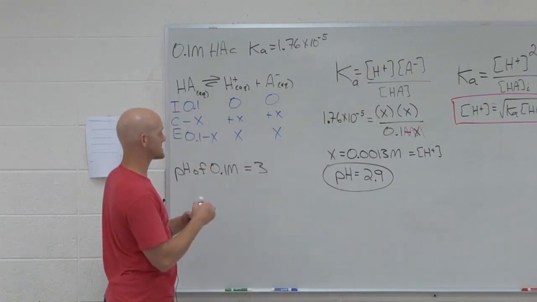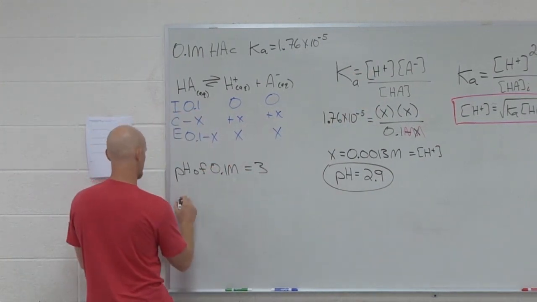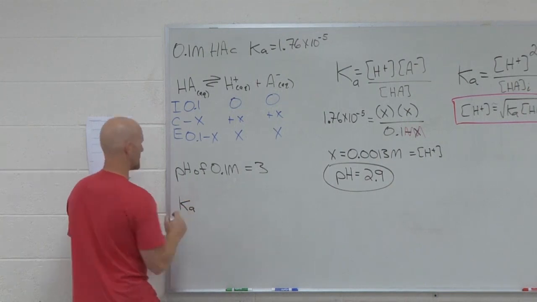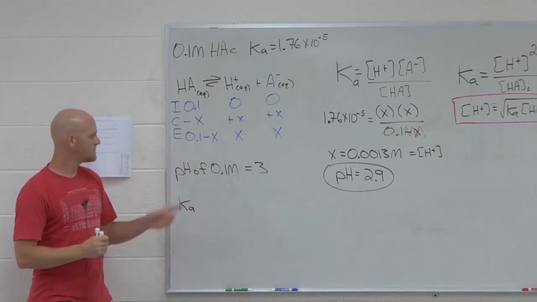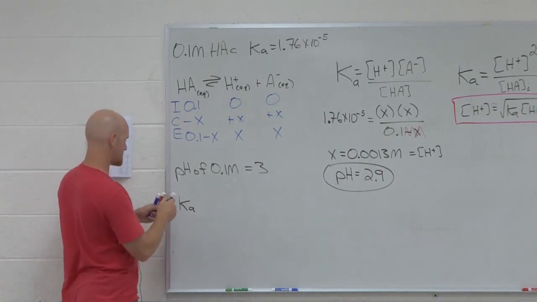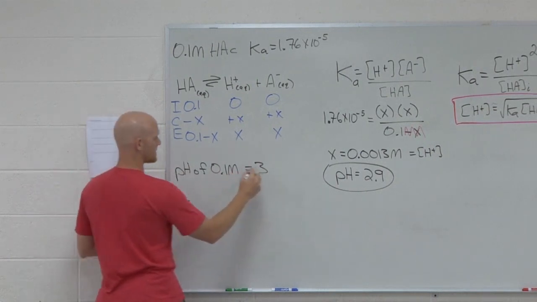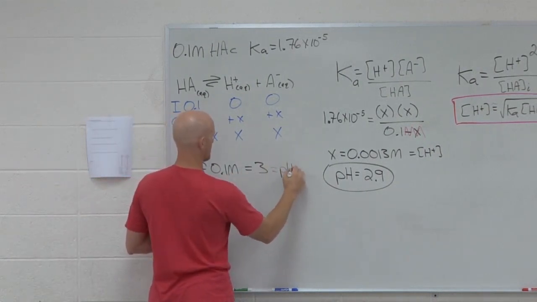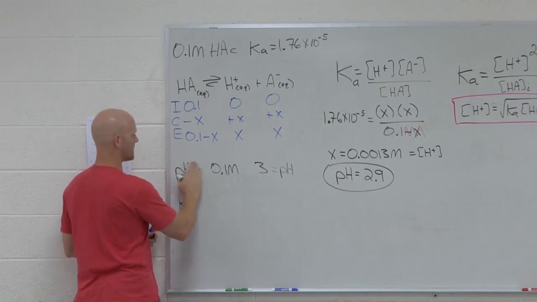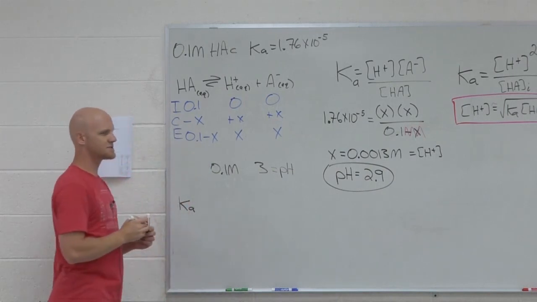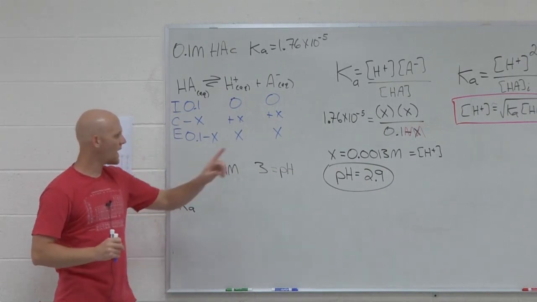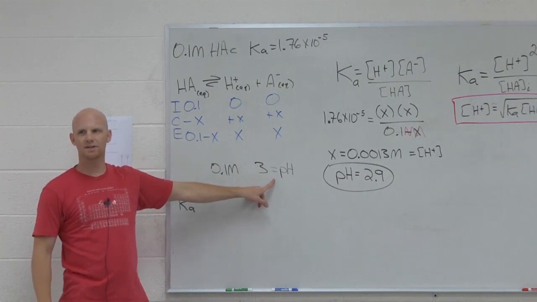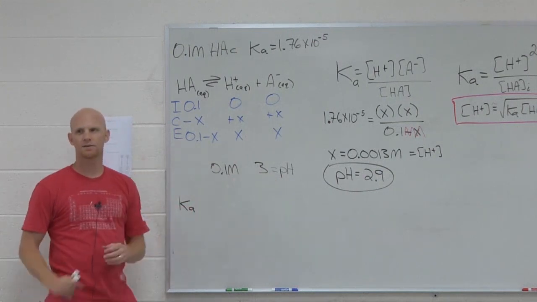So in this case, the Ka, well, maybe I should write this just a little bit different. It's a 0.1 molar solution, and again, the pH is 3. Why is this useful? What does this really ultimately give me with regard to Ka?